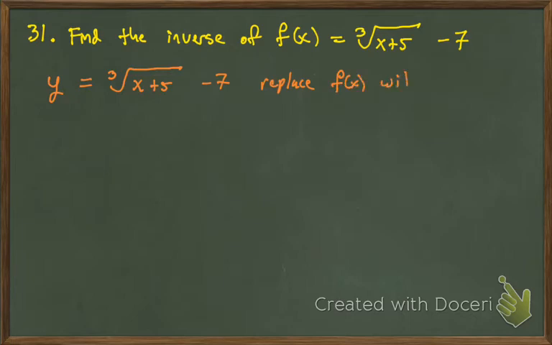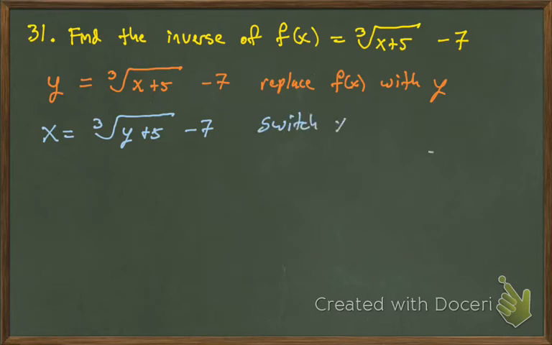And then we're talking about the inverse, so the inverse is going to have us switch the x and the y. After we've done that, we're going to solve for y. So we're going to add 7 to both sides.